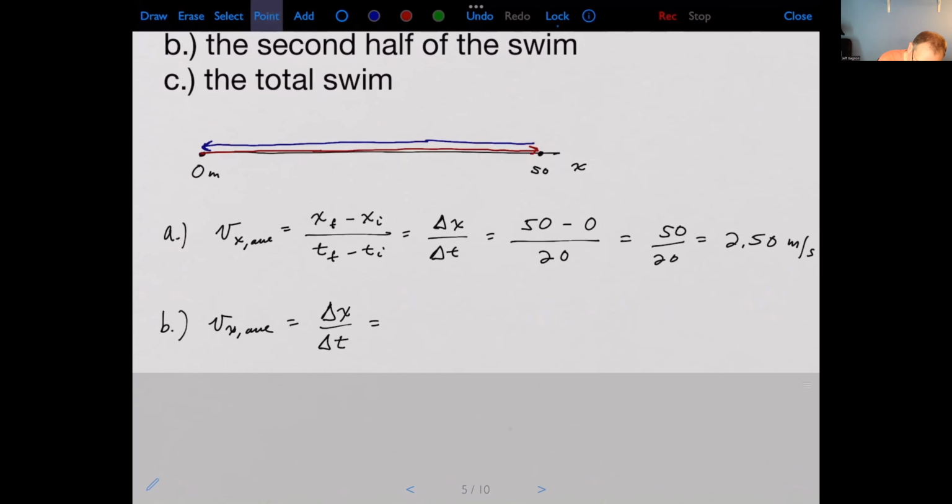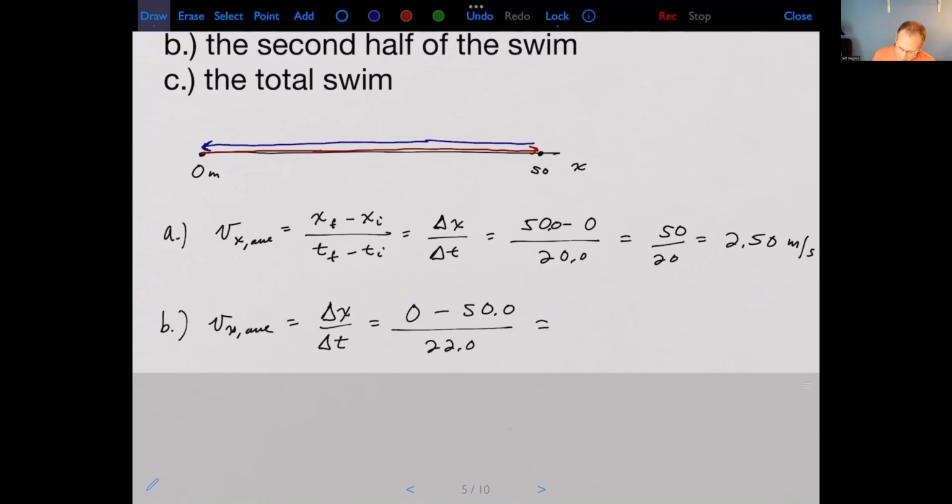Her final position is 0. Her initial position is 50. So now I need to do final position 0 minus the initial position 50, divided by, and in this case, I think it took 22 seconds. So it's 22 seconds. These all really have 3 sig figs.